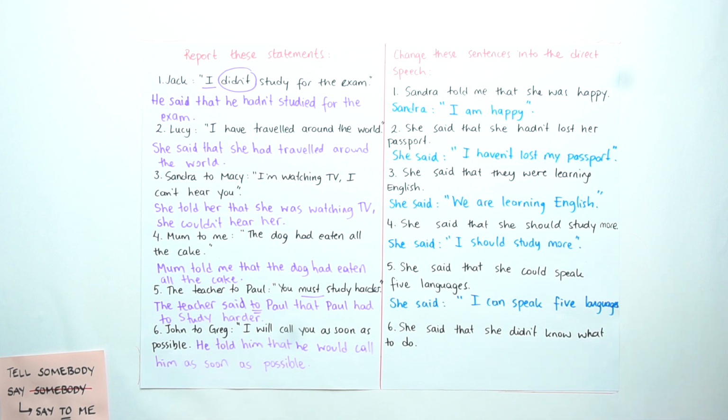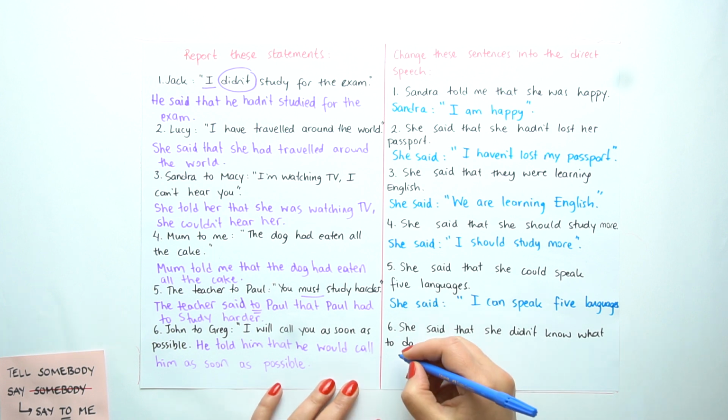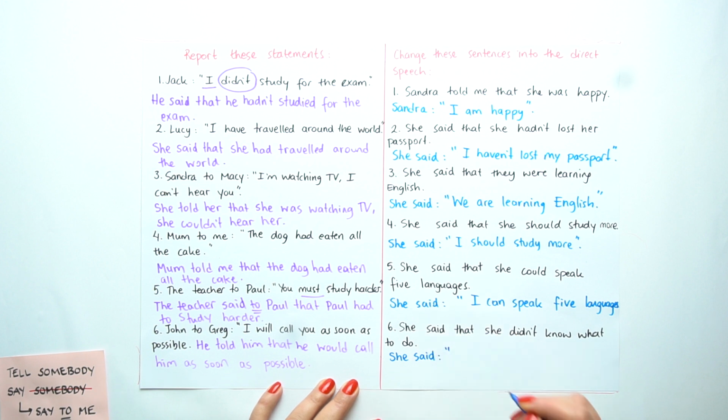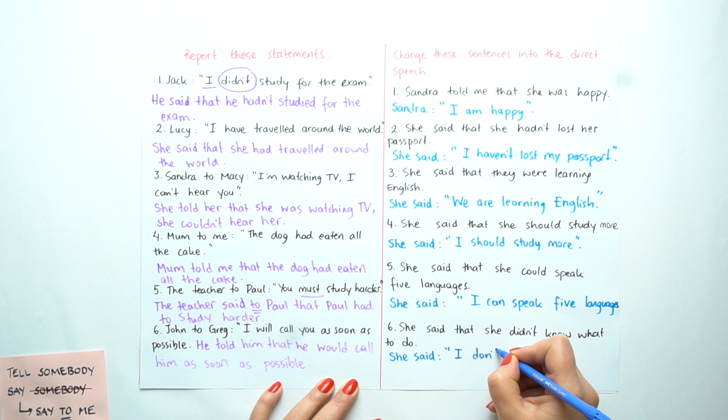And she said that she didn't know what to do. She said, remember, this is past tense, so originally it has to be present tense. I don't know what to do.